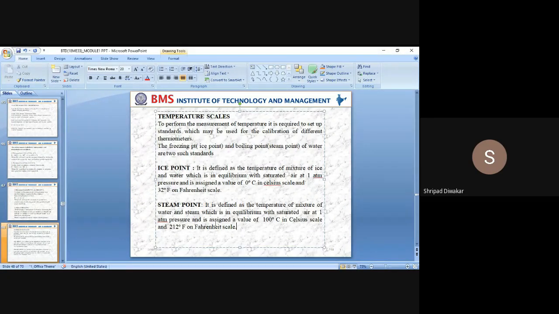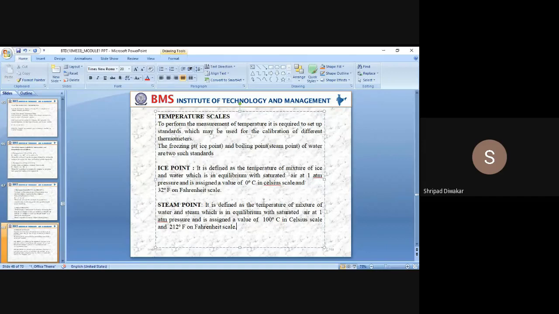So ice point is defined as the temperature of mixture of ice and water. Remember, it is a mixture of ice and water which are in equilibrium state at 1 atmospheric pressure, and the standard value is 0 degree Celsius and 32 degree Fahrenheit.